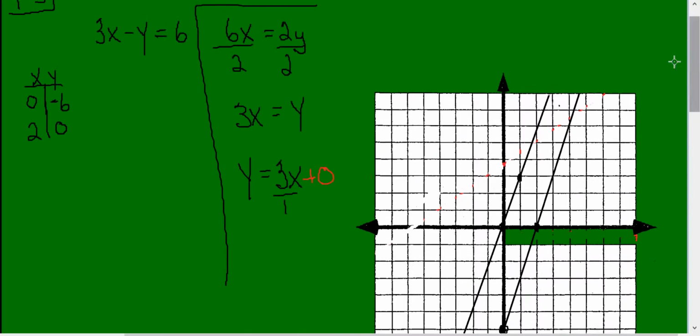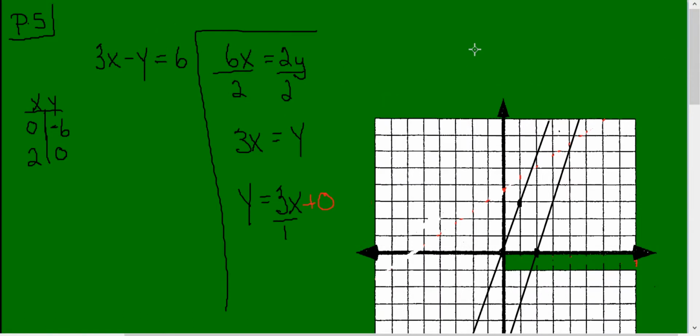I have parallel lines. Okay, I can confirm this here. My slope here was 3. Here my slope is 3.